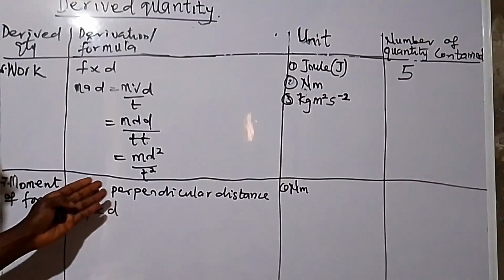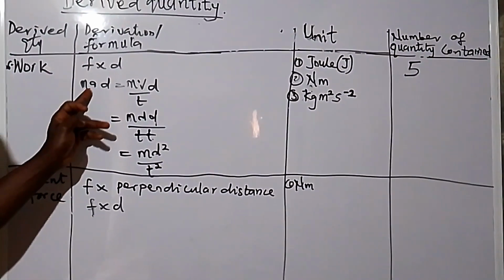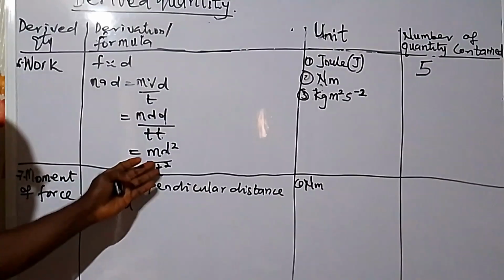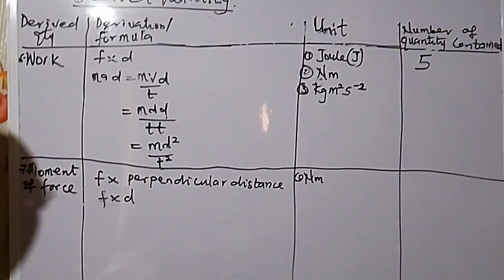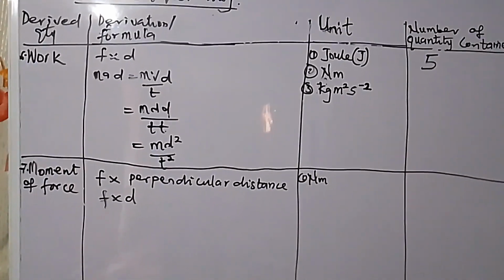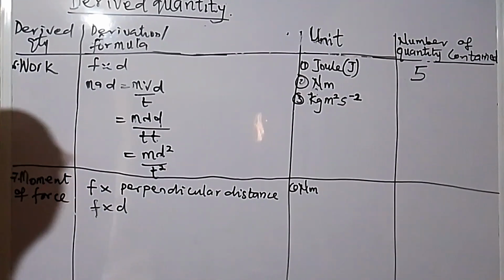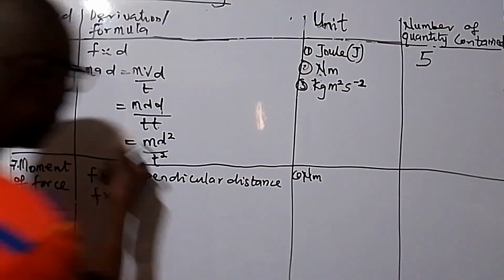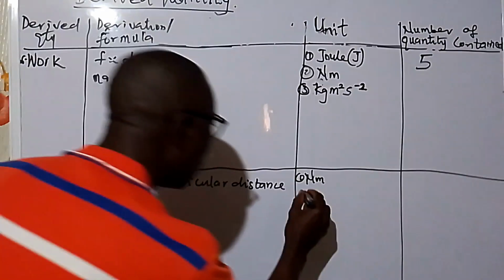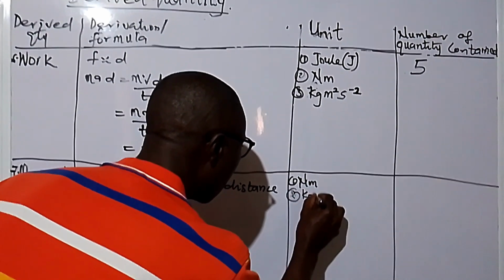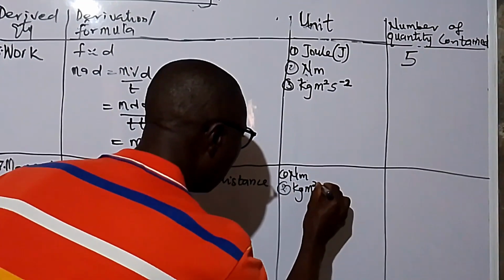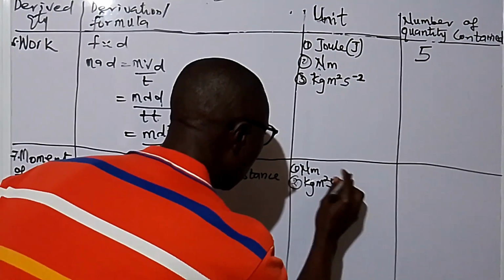Look at it: force times distance, force times distance. Everything will be equal. If we agree that they are equal, then the next unit for moment of force, number 2, will be kilogram meter squared per second squared.